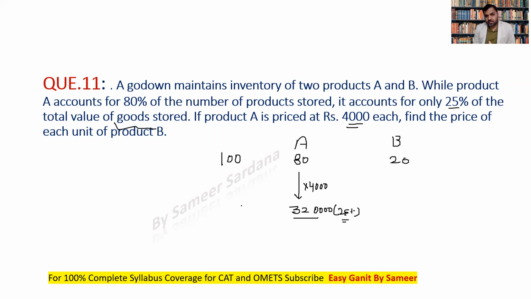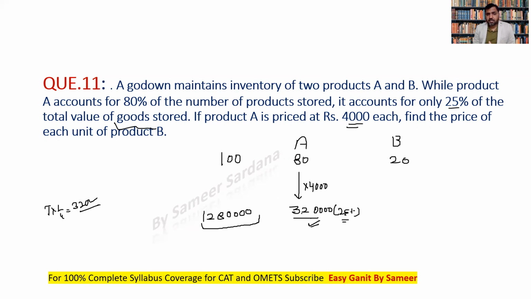If this is 25% of total value, this is 1 by 4th of the total, so the total value will be 4 times of 3.2 lakh, that is 12.8 lakh.